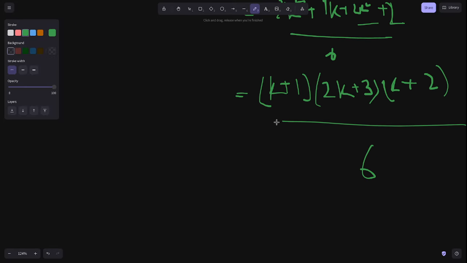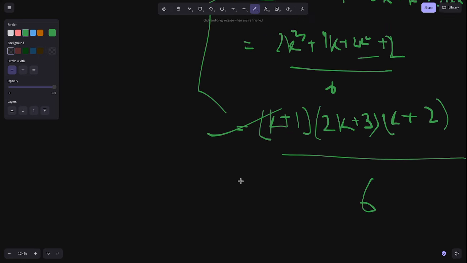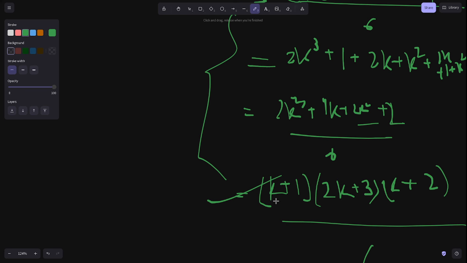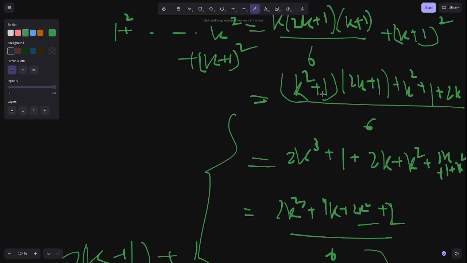I did some calculation error, I guess. It should come like this. But see, k squared is coming, and even in the multiplication it doesn't come out as 3. It's 2k plus 2k plus 1 plus 1, right? So yeah, it should be 2k plus 3. Did I forget the calculation here somewhere?